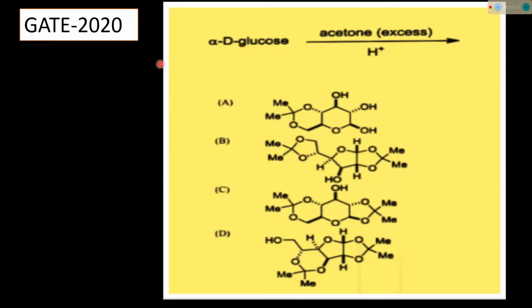So in GATE 2020, this was the question: D-glucose, excess acetone, H plus.